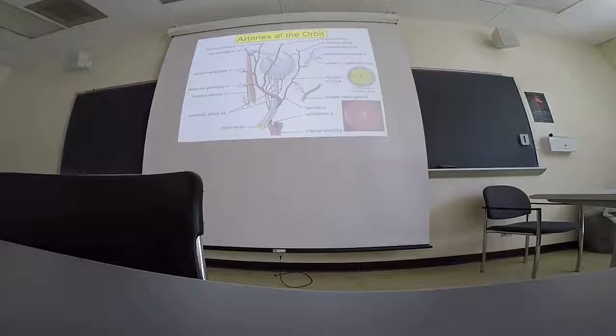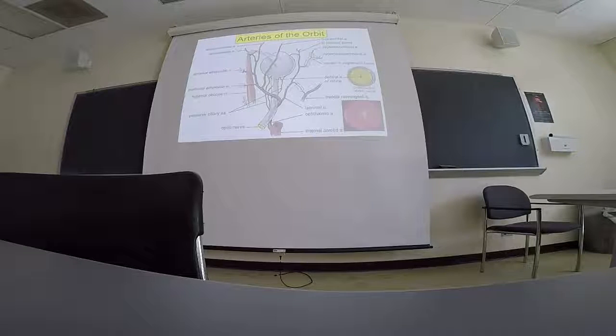Okay, so this artery will come in with the optic nerve, and then it will cross anterior to it in the orbit. So that's why they're in close relationship in the orbit. You'll always find the ophthalmic artery crossing sort of from lateral to medial, just anterior to the optic nerve. And then that's going to give off a bunch of little twigs here.